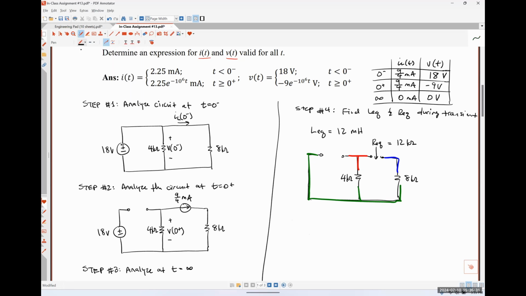So step 5 will be to plug stuff into our generic equation.